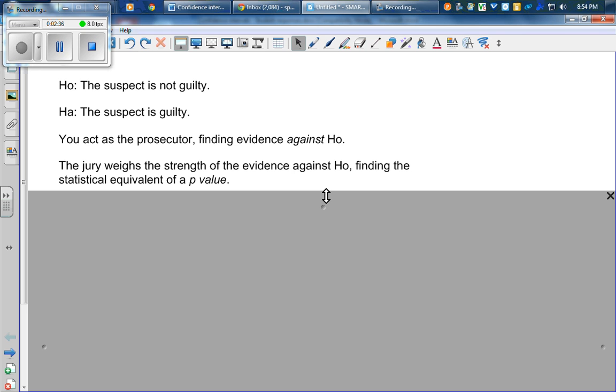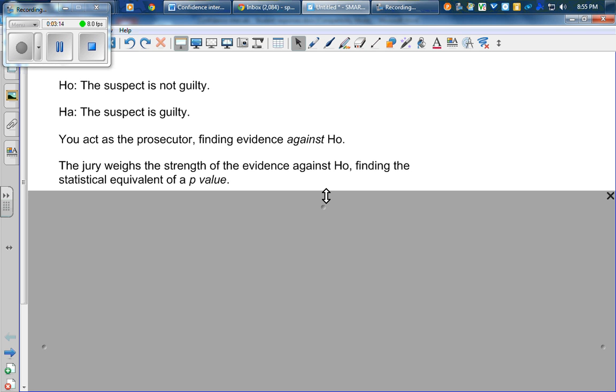So in other words, if you really are not guilty, how likely is it that you would be found walking around in a very similar set of clothes to what the eyewitness saw at the scene of the crime, that you would have an equivalent amount of money in your pocket from what was taken, say, from the convenience store, that you're hanging around with guys who were captured on film and known to be other perpetrators of the act, and still be not guilty? How likely is it that all that would happen and you're not guilty?